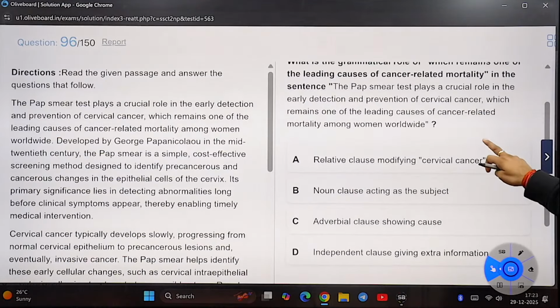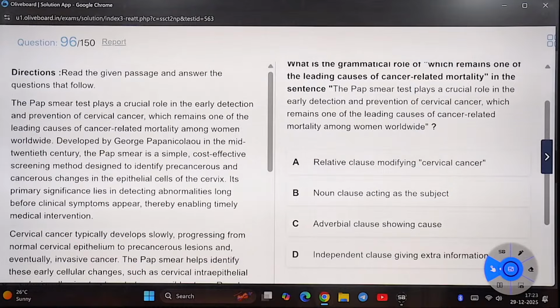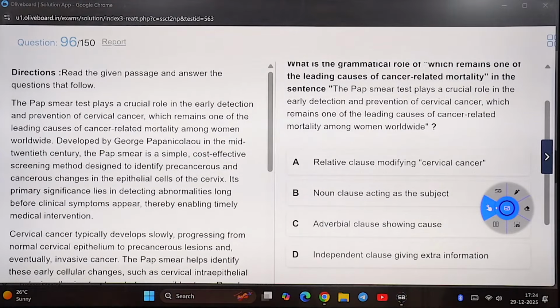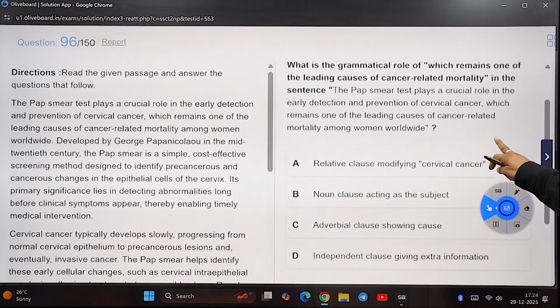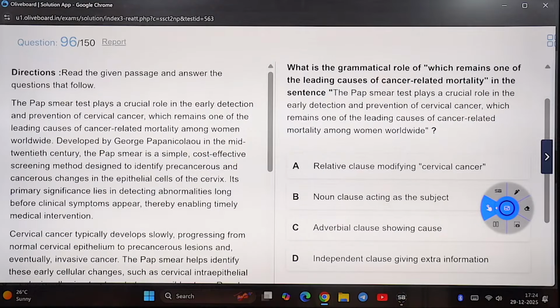Grammar: which remains. You have to mark the role of "which remains one of the leading causes of."